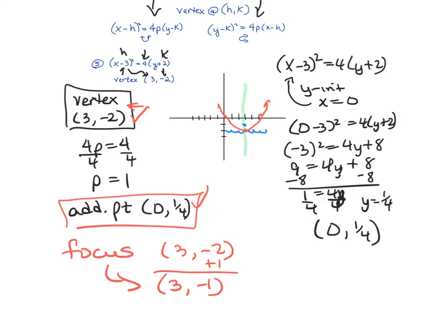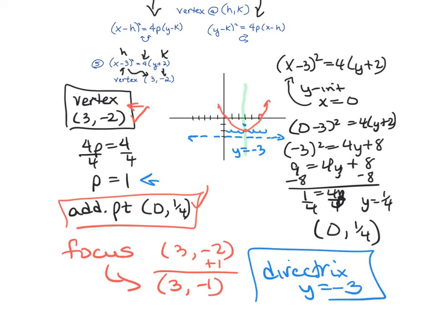It's the same distance away from the vertex that the focus is. So notice your directrix is going to be down here. It's 1 away from the vertex, opposite the focus. So your directrix equation is y equals -3. So you're going to find your directrix equation, your focus ordered pair, your vertex, and your additional point. And you're also going to graph it.